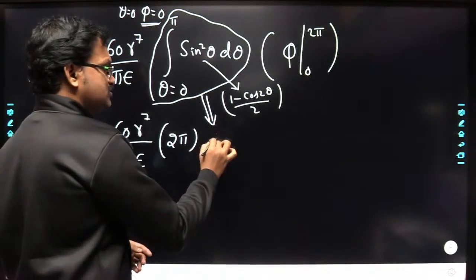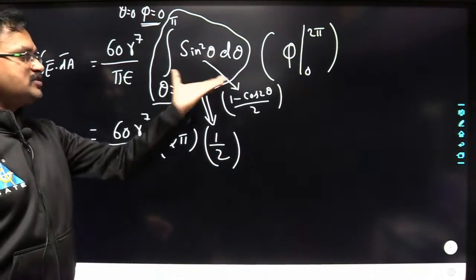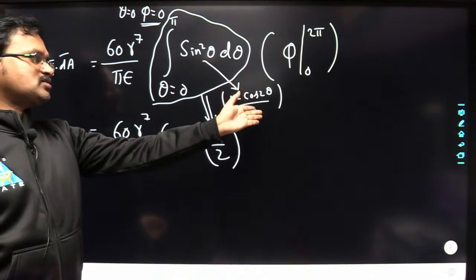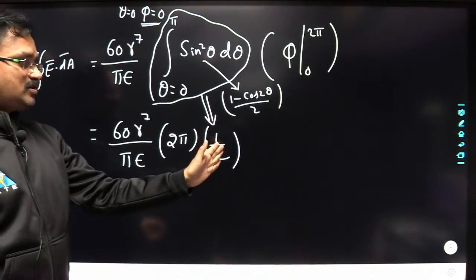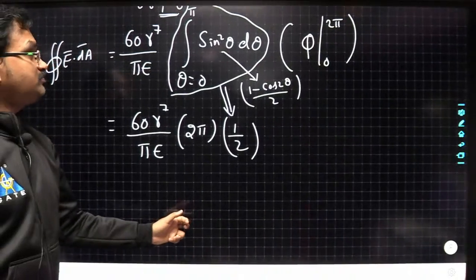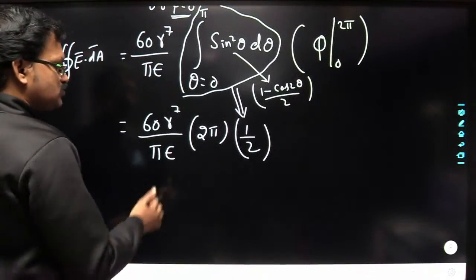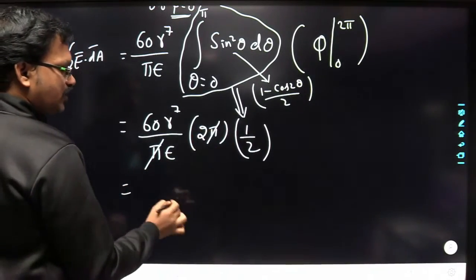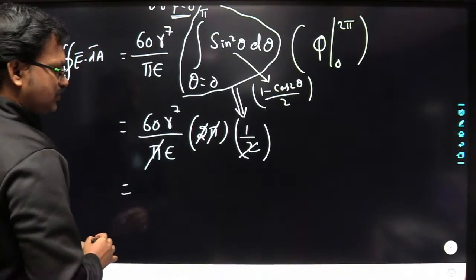You are going to get simply 1 by 2. So now pi will get cancelled, and the 2 will get cancelled, right?